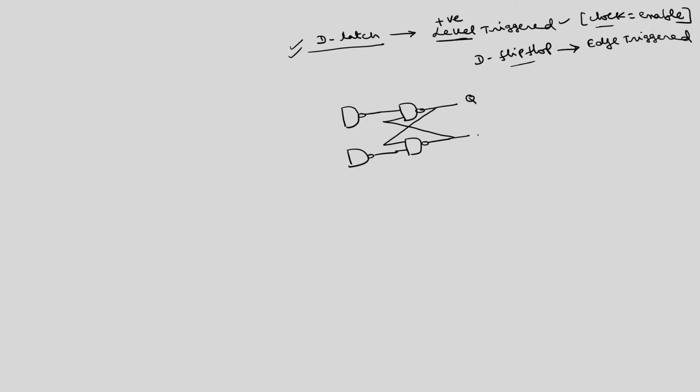This is Q, this is Q complement, then we have S, R, and here we have the clock, but I will call it simply the enable, EN signal, EN stands for enable. This is a simple clocked SR flip flop or enable SR flip flop, because we are assuming positive level triggering.